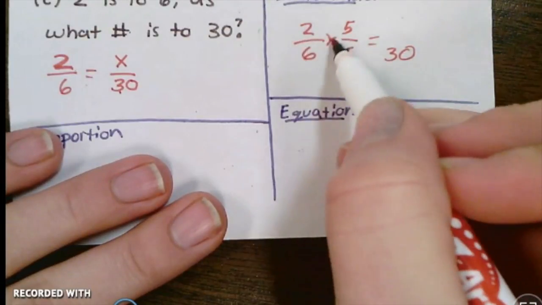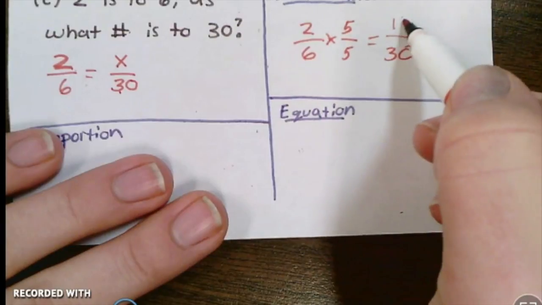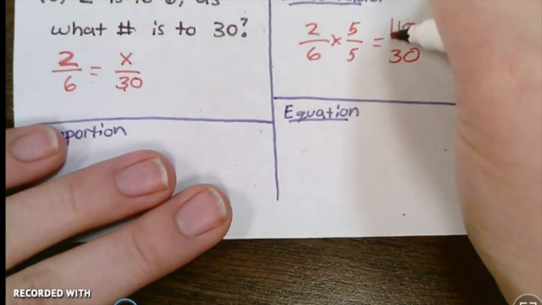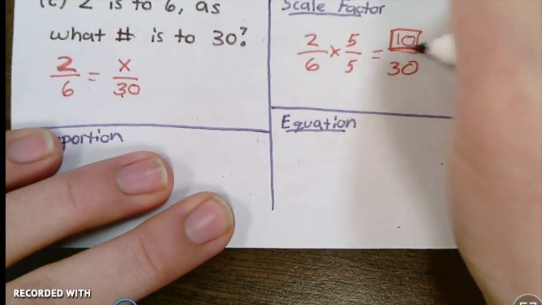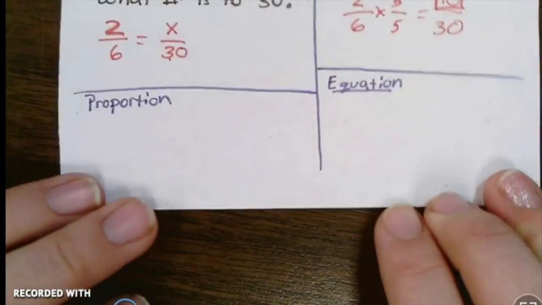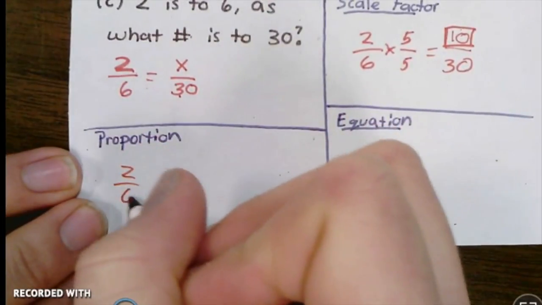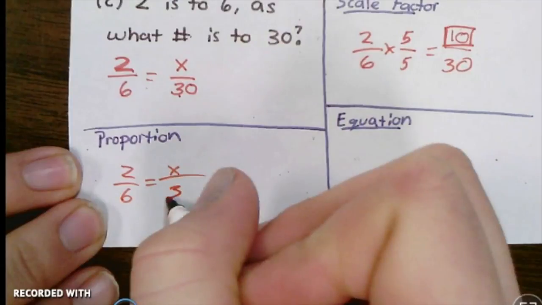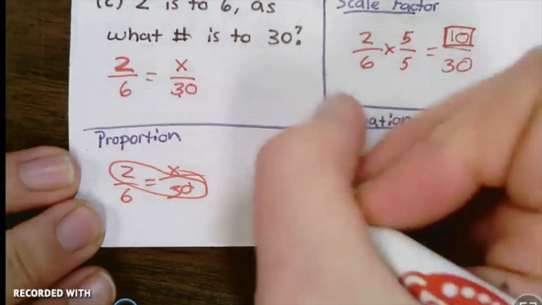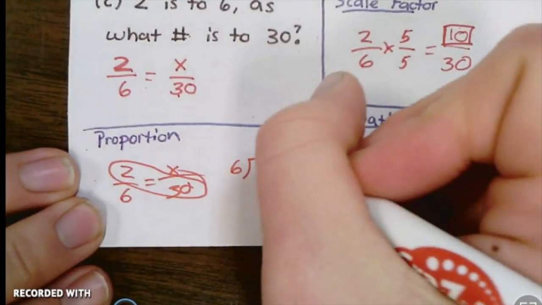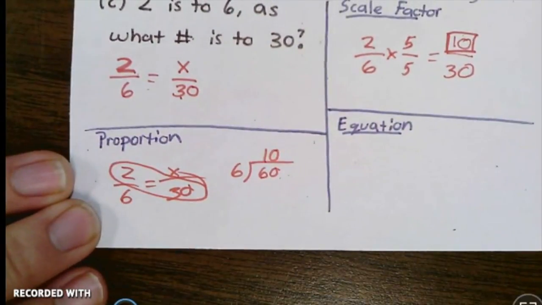I'm going to multiply 2 times 5 and I will get 10. So my answer is 10. Or I can solve it using a proportion where I will multiply across 2 times 30, which is 60, and I'll divide 60 by 6, which is 10.